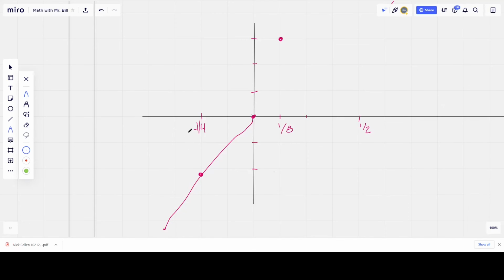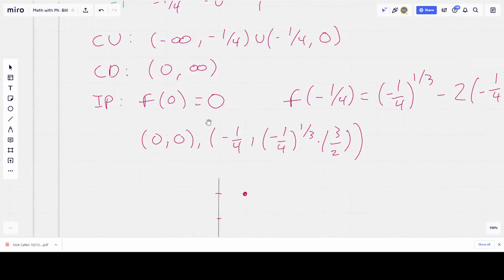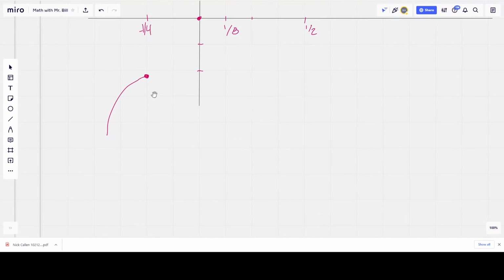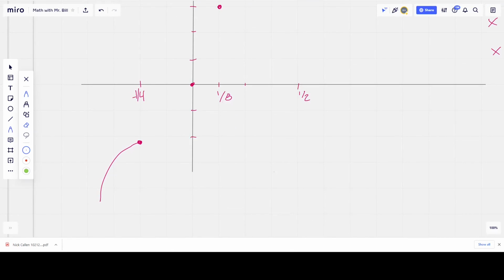And we're also told that at negative 1/4, that's going to be a change in inflection. So we're going to be concave up or concave down, and then we're going to be concave up. If you go back and look at your chart, actually, this should be concave up here rather than concave down.